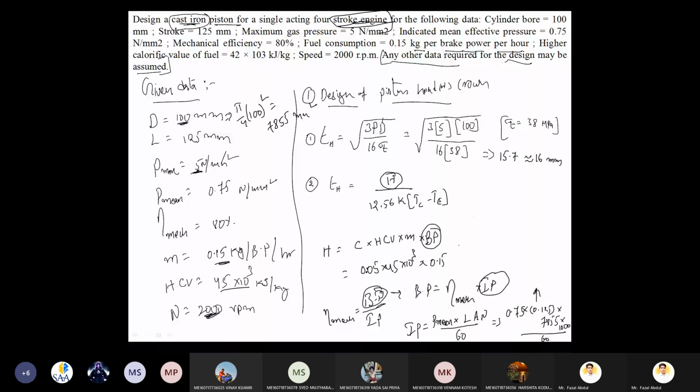After getting the indicated power, substitute the value here. Mechanical efficiency is 80%, given as 0.8, into the IP value. First tell me the IP value, then we'll get the BP value.